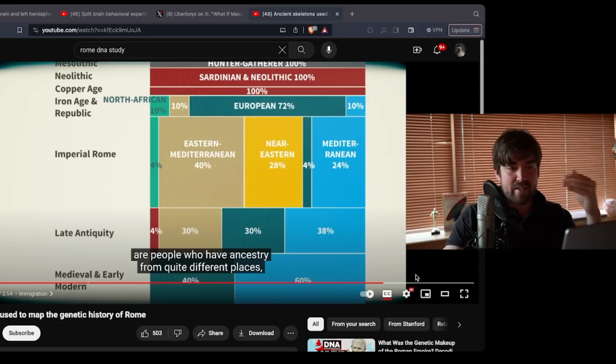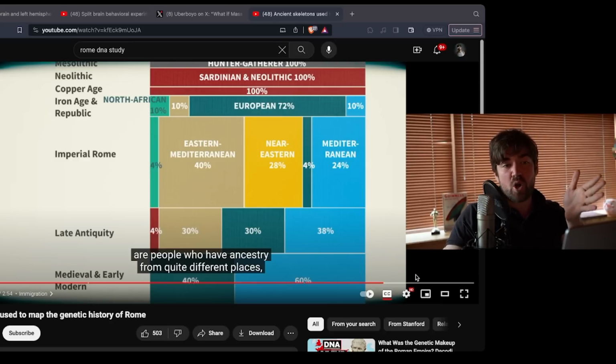By the time we get into late antiquity, what we're seeing here is a return of the European population. It goes from 4% up to 30%, so a third, which is not actually 72% anymore, but it is still pretty significant. But we also see the eradication of the Near Eastern population. So the people here who we call Near Eastern have vanished again.